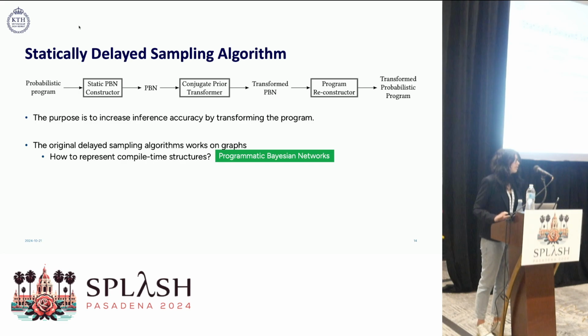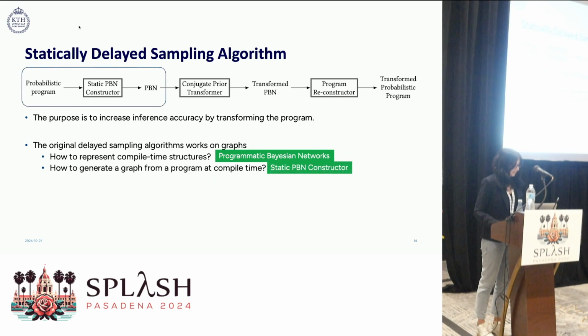The original delayed sampling algorithm, the dynamic one, works on graphs. But the question is, how do we represent the compile-time structures in a graph? Because if we do this in a graph, then it will provide some generalizability. And for that, we define these programmatic Bayesian networks, which I will give more details on.